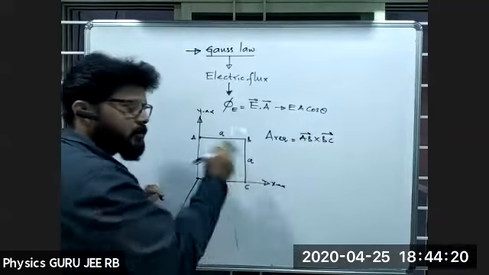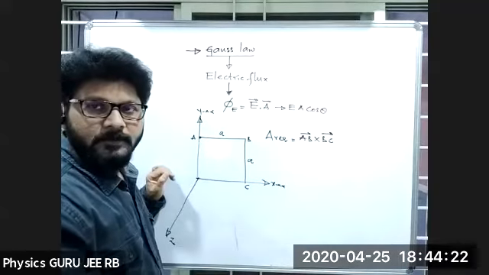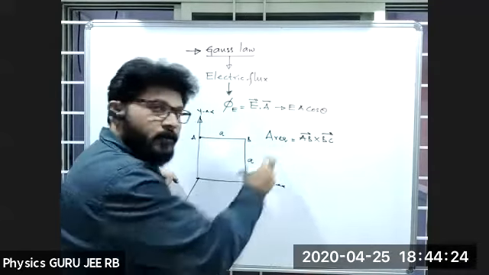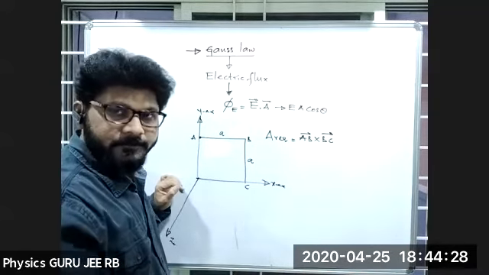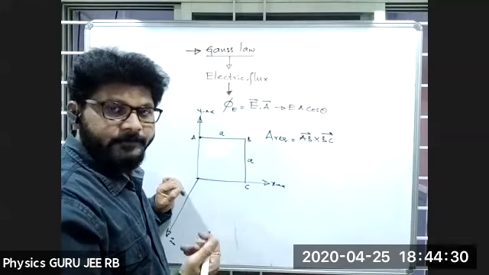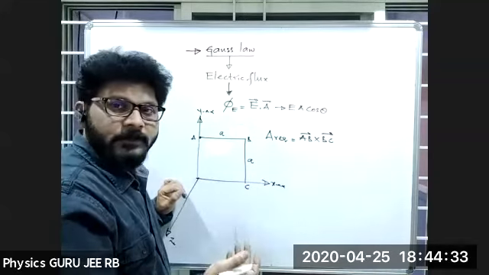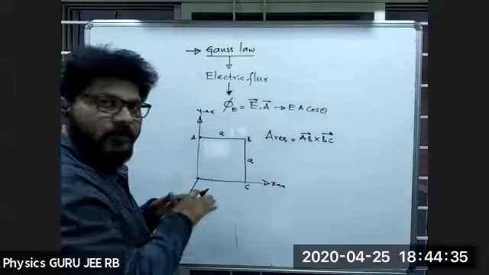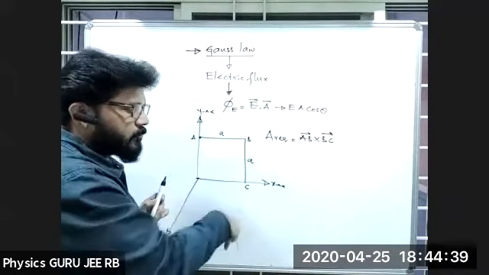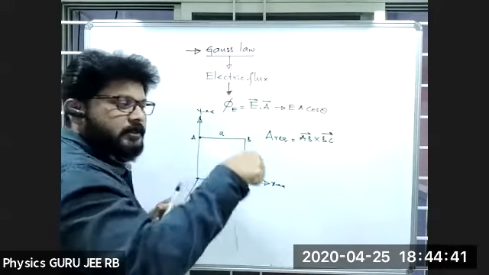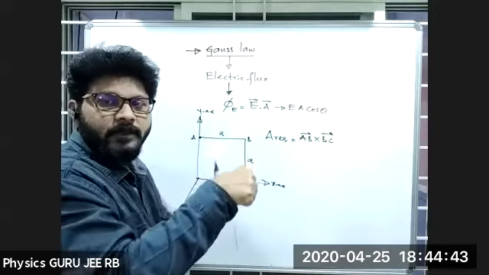It's nothing but the cross product of two vectors. The cross product of two vectors will give us a vector quantity. A cross B, that is, n cap into n cap. So n cap is nothing but the direction. If I curl the fingers from A to B, this is the direction, inside.